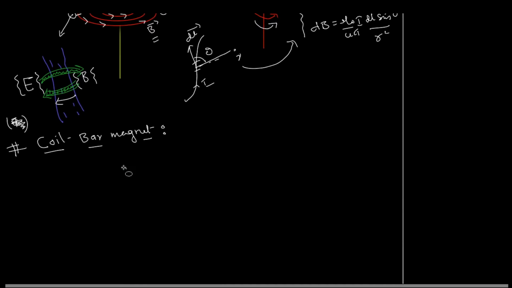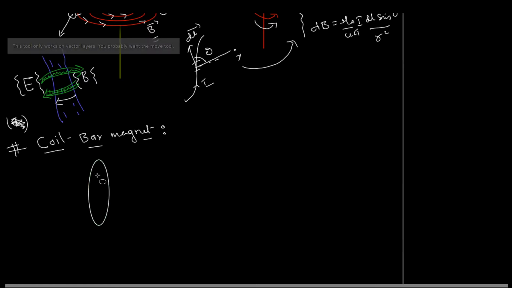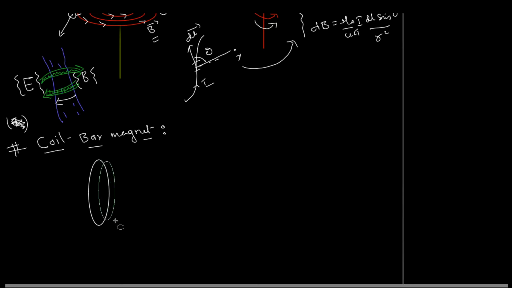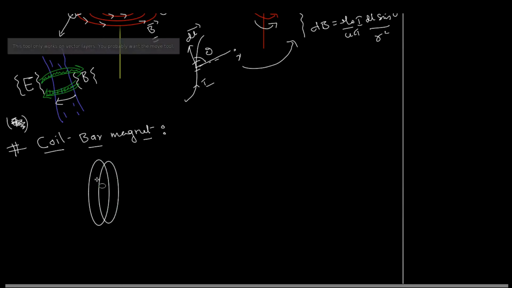But in the meantime, let's see what was going on here. You have a coil with multiple turns or single turns, doesn't really matter. So let's say we take a coil with a bunch of turns.